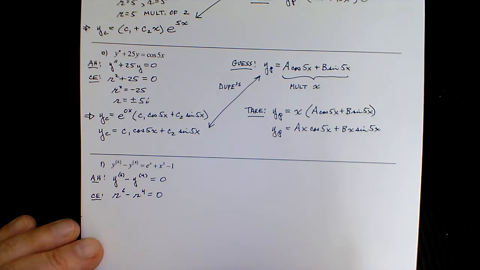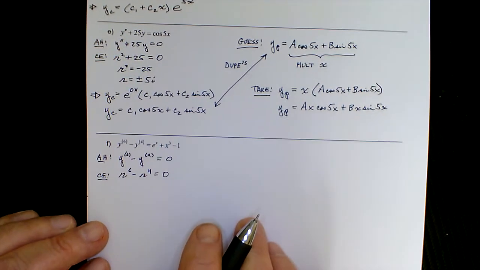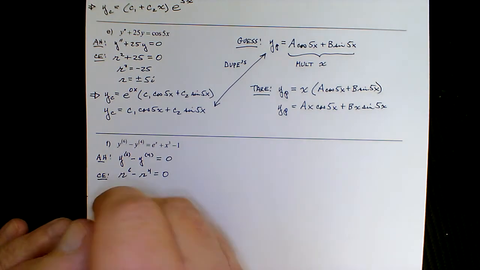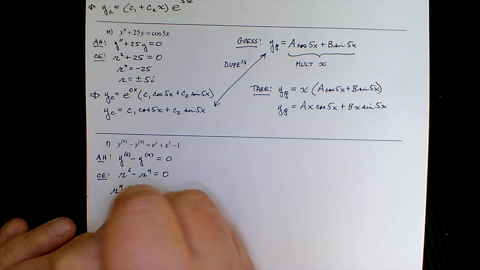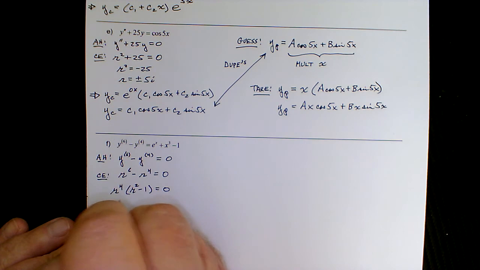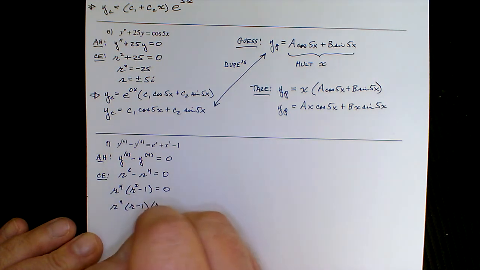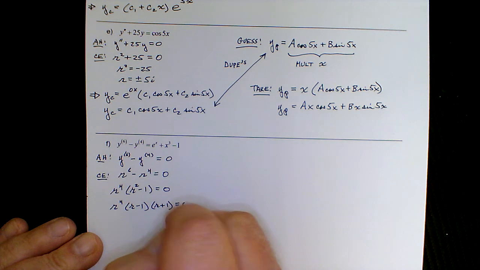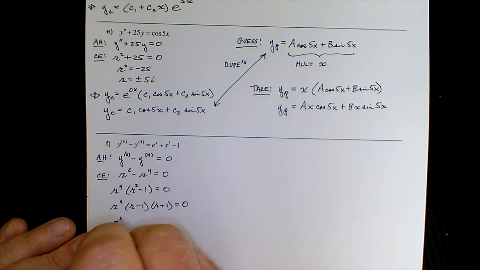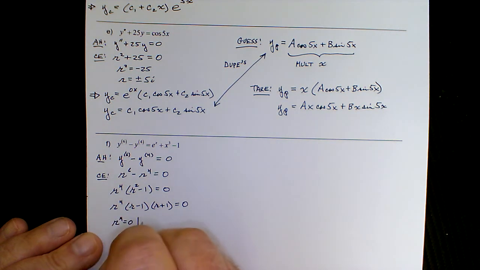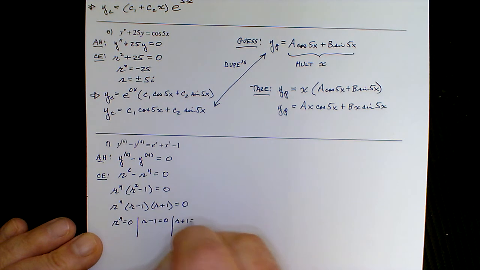Okay, factoring that, we have greatest common factors, r to the fourth, then r squared minus 1 is left, and I think I'll factor the r squared minus 1 as r minus 1, r plus 1, and so r to the fourth is 0, r minus 1 is 0, r plus 1 is 0.